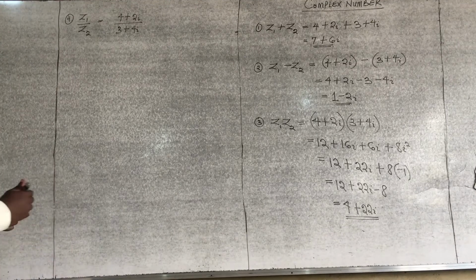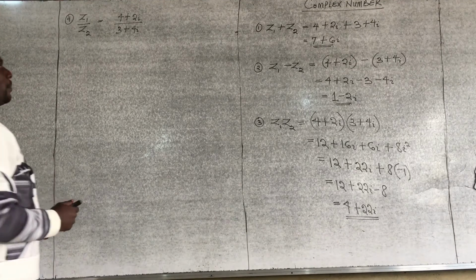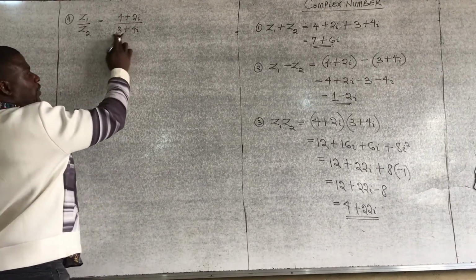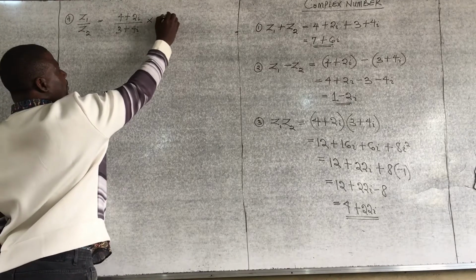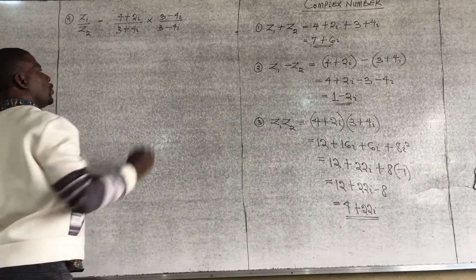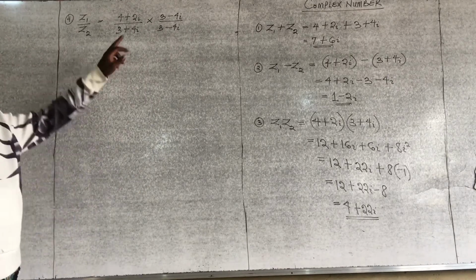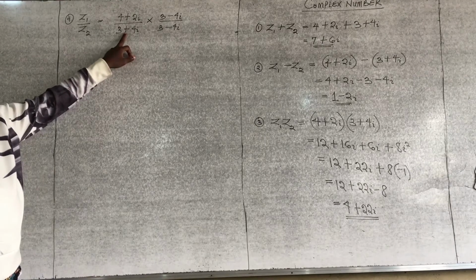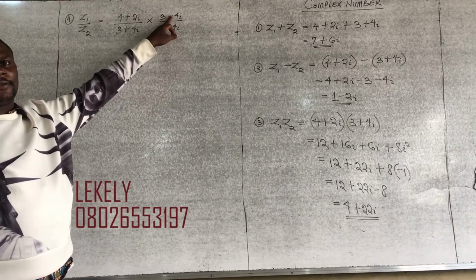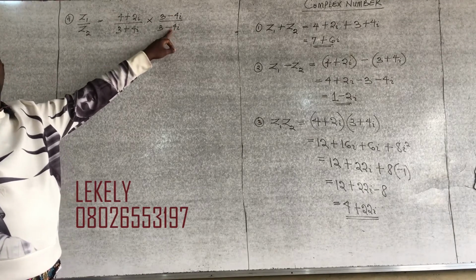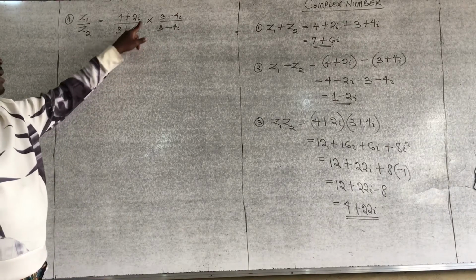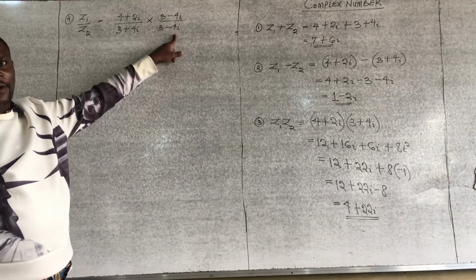So if I want to do this, I will multiply both the numerator and the denominator with the conjugate. The conjugate of this is 3 minus 4i over 3 minus 4i. Conjugate means the opposite of what is here. If what I have here is 3 minus 4i, the conjugate will be 3 plus 4i. I will use it to multiply up and down. If what I have here is 5 plus 10i, it will now become 5 minus 10i, up and down.